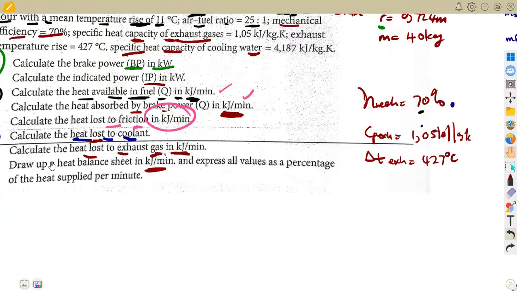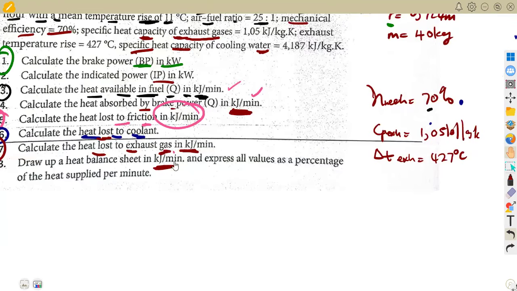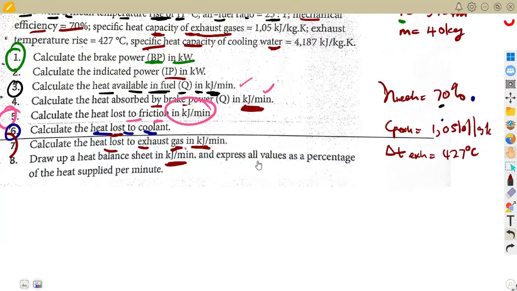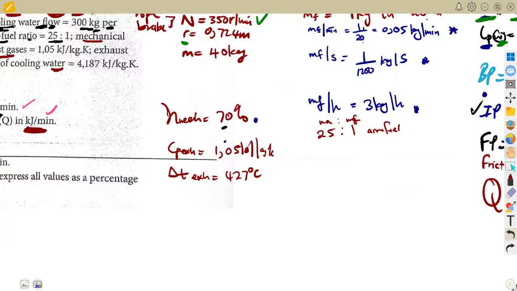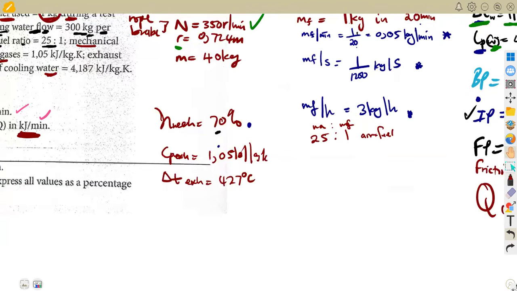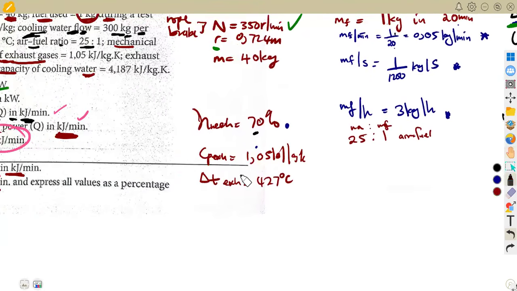All right. Calculate the heat lost to exhaust gas in kilojoules per minute. This is the information about the exhaust here. So what is the Q to the exhaust? The Q to the exhaust is calculated the same way that we calculated the Q for water.